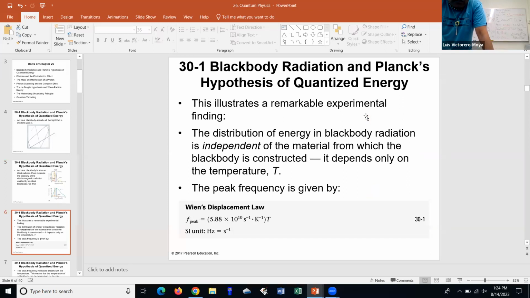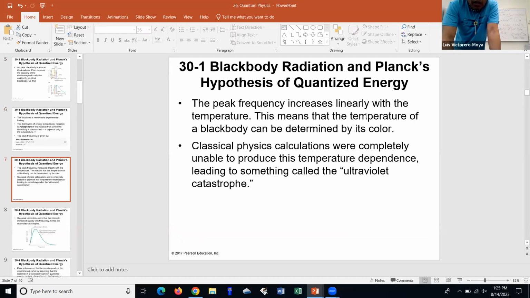That's the equation that gives you the frequency at the peak, as you see here. Right? And one of the conclusions of this was that the distribution of energy in a black body radiation is independent of the material. It depends only on the temperature. All right? Now, the description of this Wien's law is that as you increase the temperature, the frequency will also increase linearly, right?